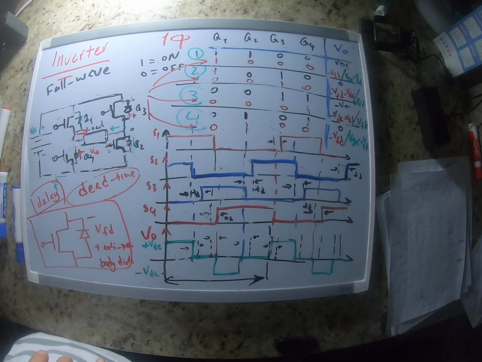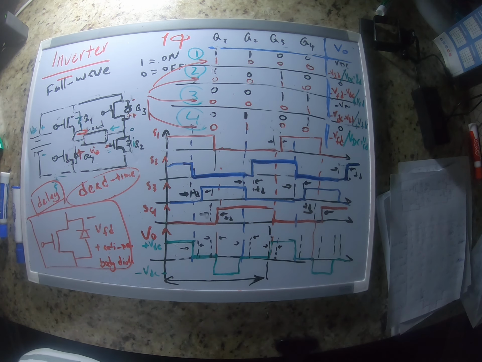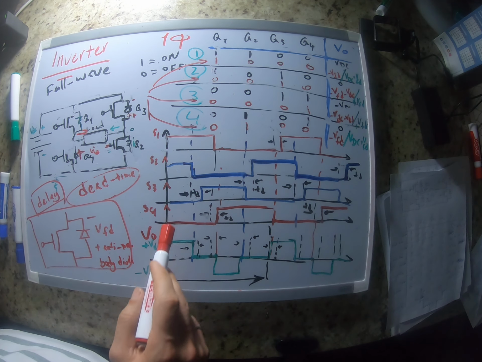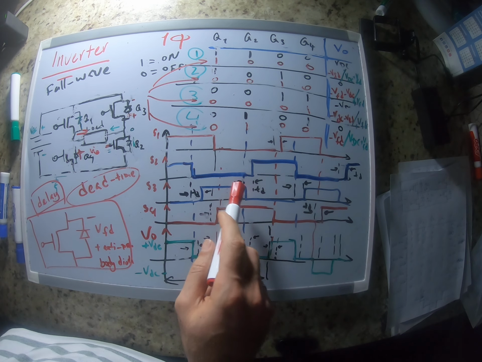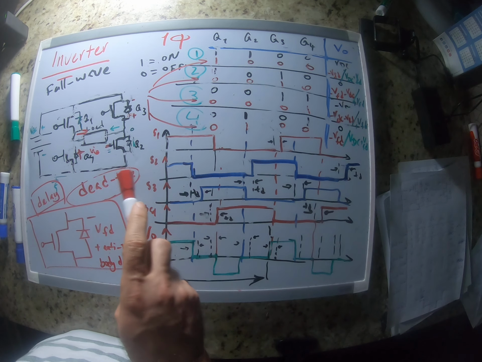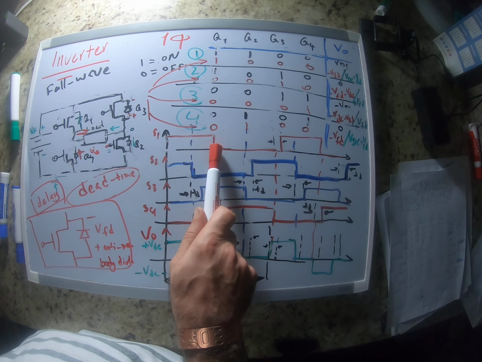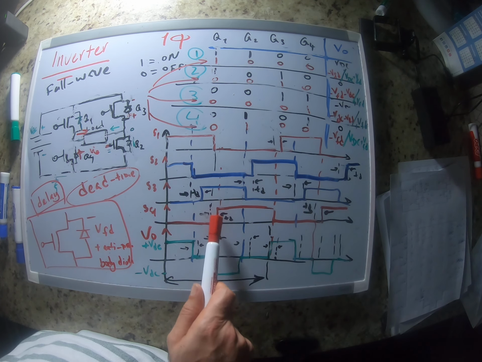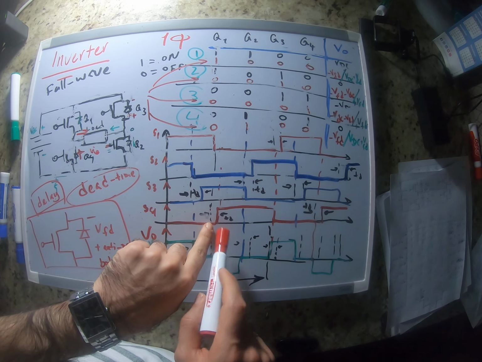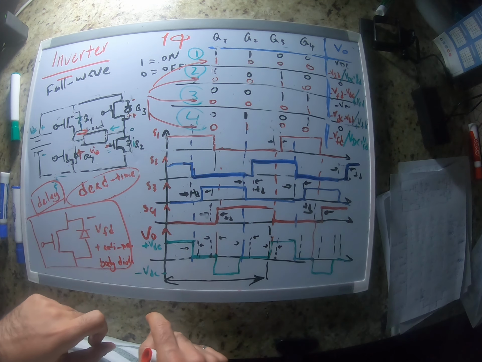So if I want to draw this again here, I have created these delay times or dead times here. So you see that here, 1 is supposed to go off and 4 is supposed to go on, but we just have it with a delay.